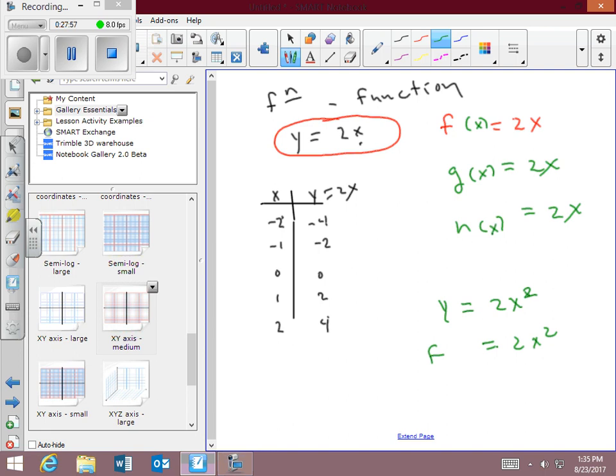Now if this doubling function, rather than writing it that way, I'd have written it as 2a, then I would call this f of a.